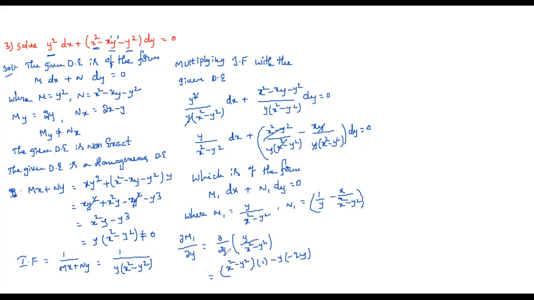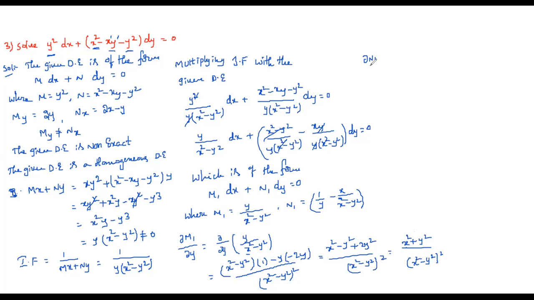Because with respect to y, x square is a constant, so 0, and this is minus 2y, by (x square minus y square) whole square. Now simplify this: (x square minus y square plus 2y square) by (x square minus y square) whole square. So simply we get (x square plus y square) by (x square minus y square) whole square. This is dou M1 by dou y.